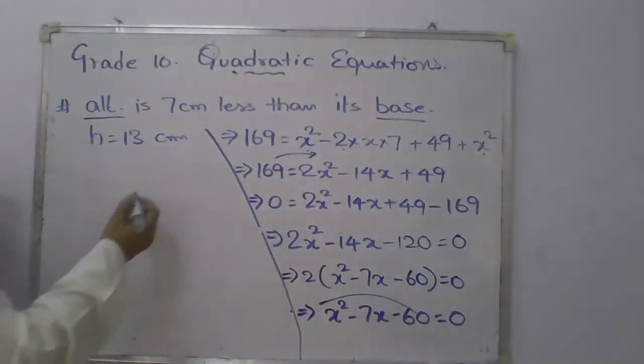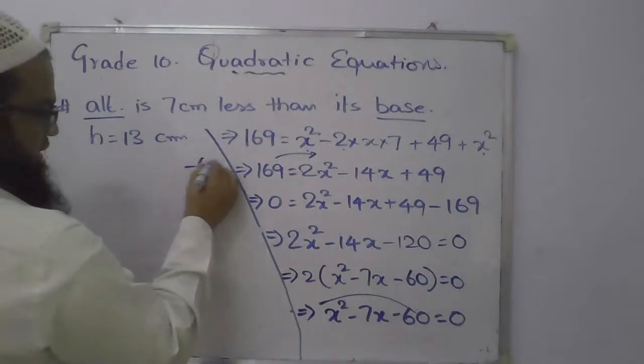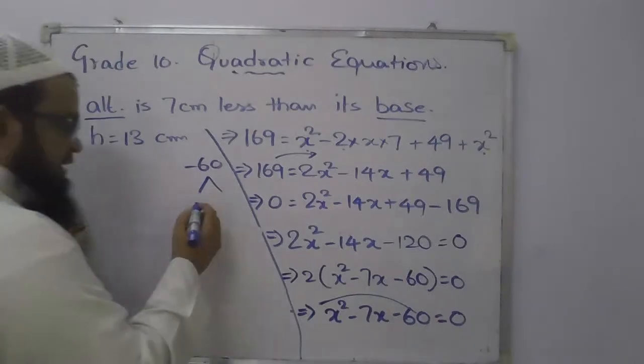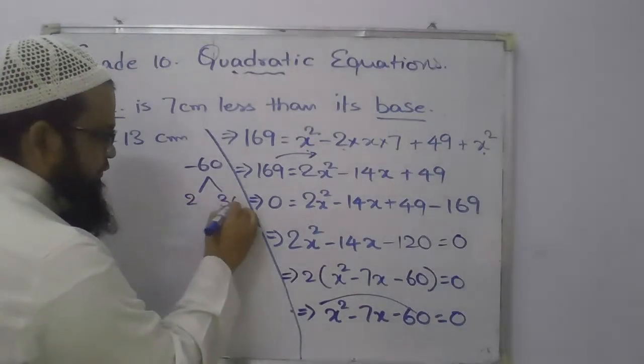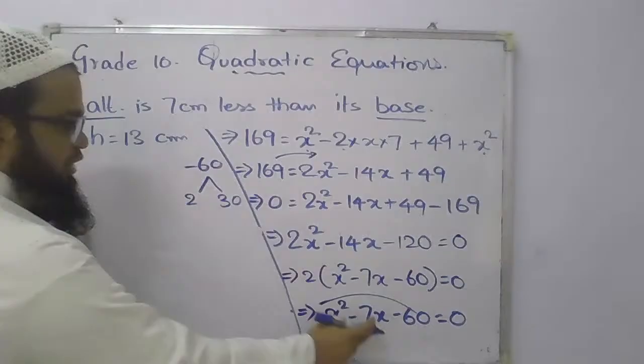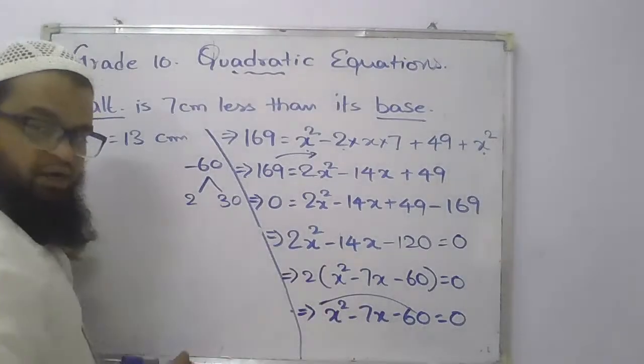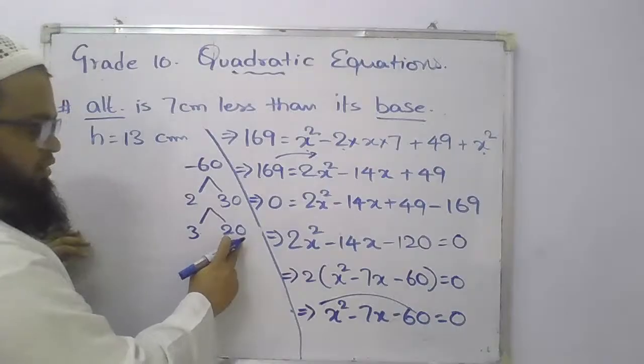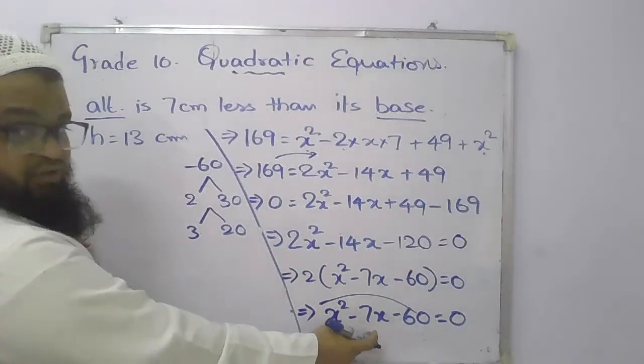So 1 into minus 60 is minus 60. So what are the factors? 2 30s, 2 plus 30 is 32, you don't have. If you subtract, it is 28, you don't have. Now 3 20s, 3 plus 20 is 23, you don't have in the middle term.